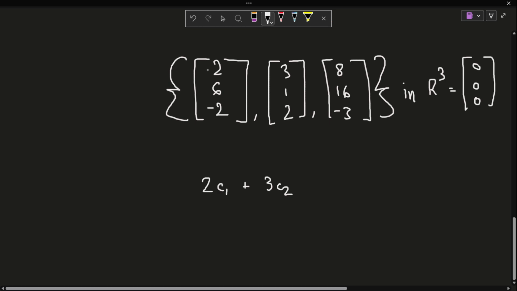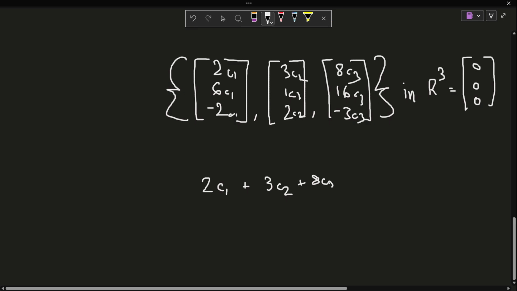You're just going across the line. So this is 2c1, 3c2, and c3 terms, and that just has to equal 0. Each row has to equal 0 for it to be true.